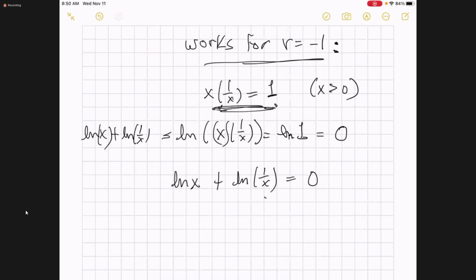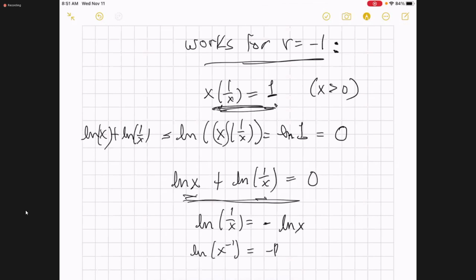Okay, but that gets it for me because that says ln of 1 over x is minus ln of x, just subtracting ln of x from both sides of this equation. So that says that ln of x to the minus 1 is minus 1 times ln of x.